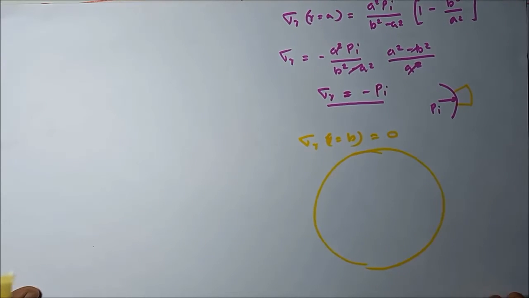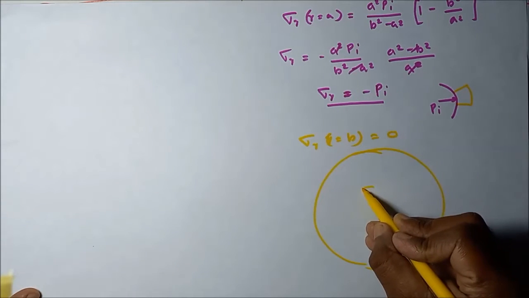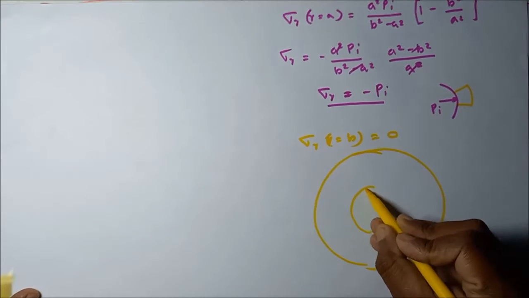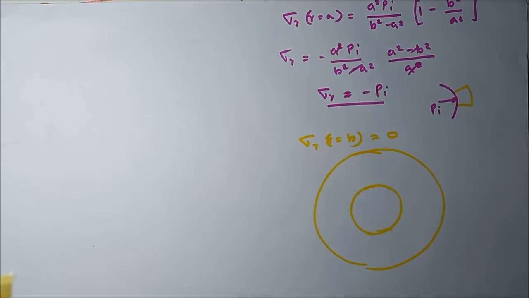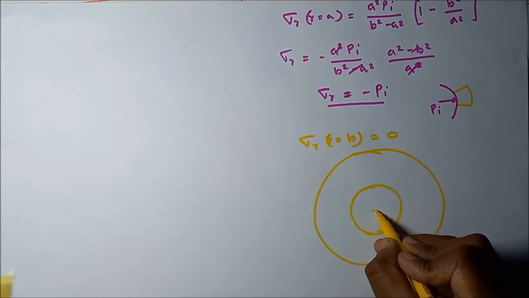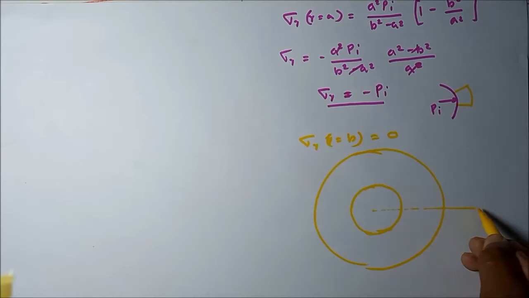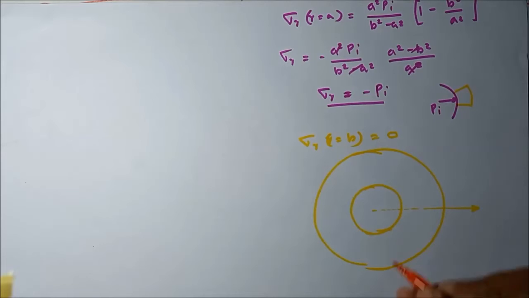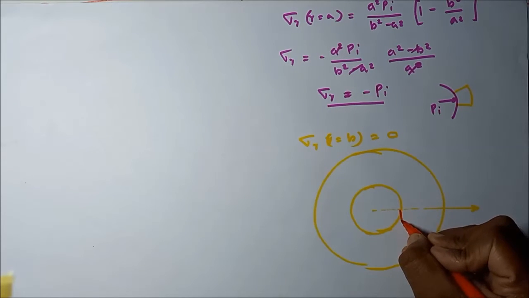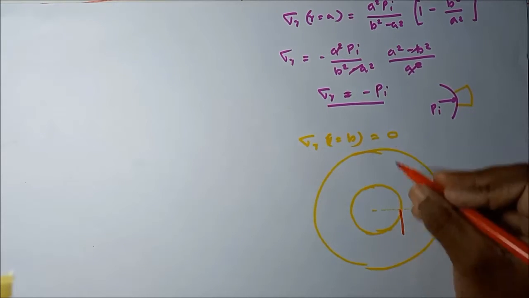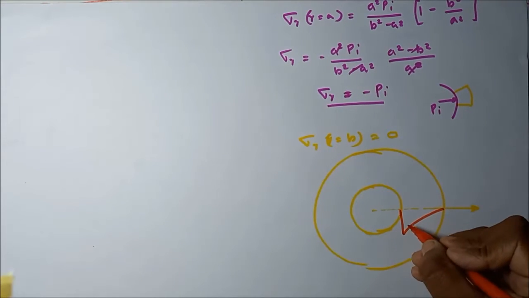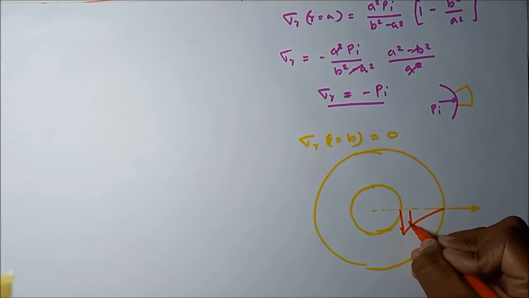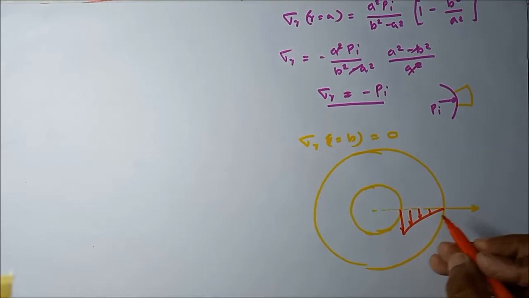Now the stress in the cylinder. I'm going to mark this one. At this point, there is a 1 over r square variation. This is equal to 0. This is how radial stress varies, because it is negative.